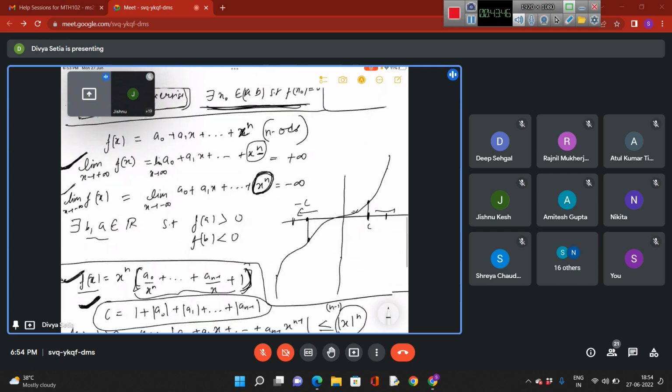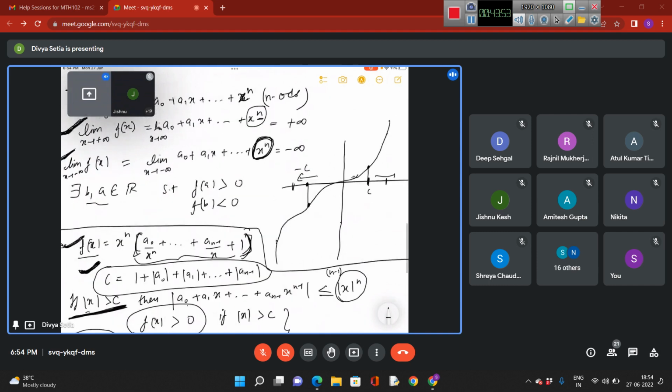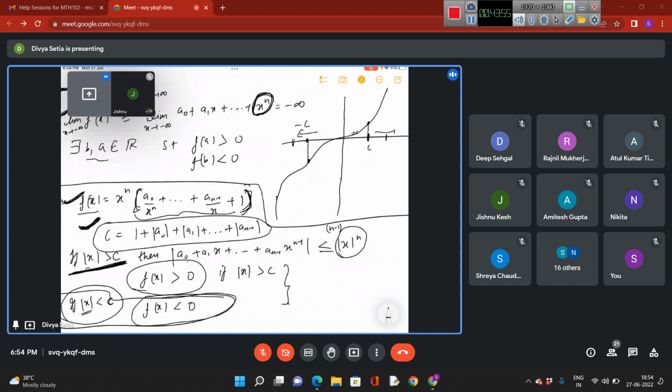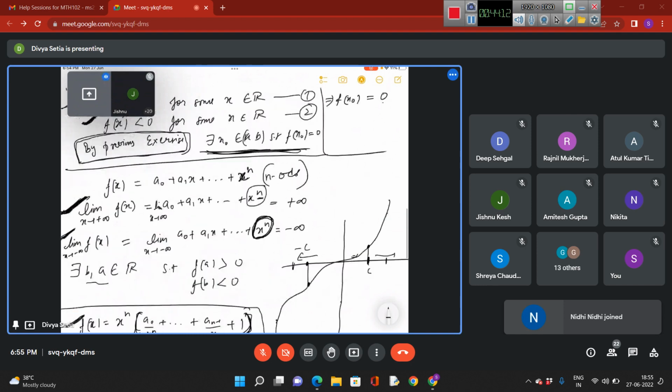But the main idea is this thing, that there would exist some numbers. Existence part is okay, but when you actually try to construct the number, it will be difficult. It is not easy to think about this number. Fine, but the actual idea is this thing, that there would exist some numbers.